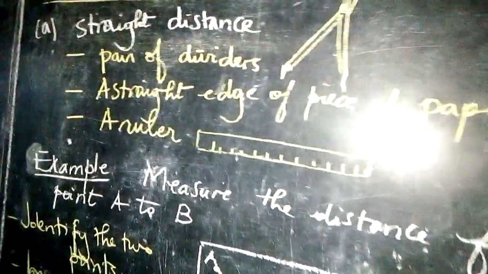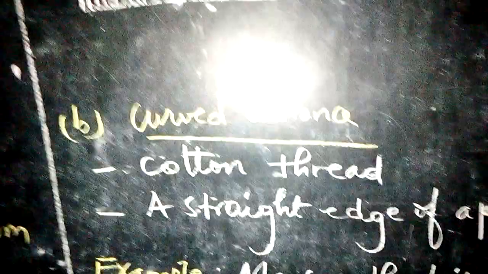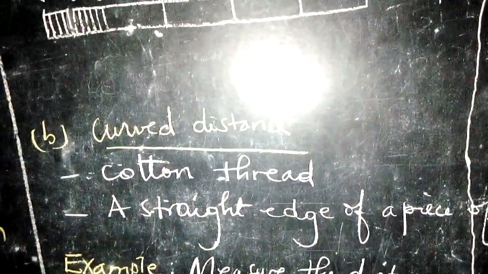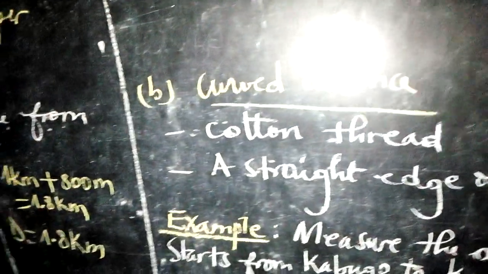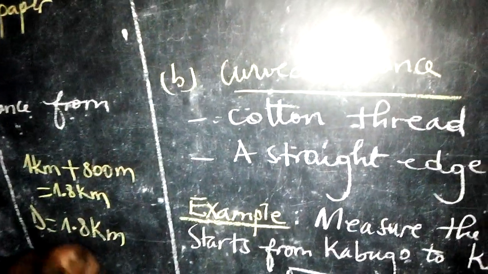Let's go to the distance of a curved line. If you want to measure the distance of a curved line, we use the following tools. For example, we use a cotton thread. You know a cotton thread; those are threads which are used to make our clothes.